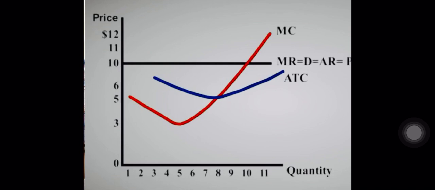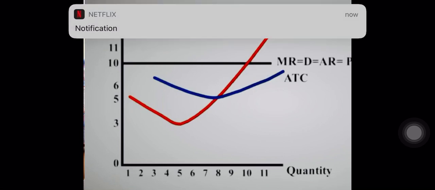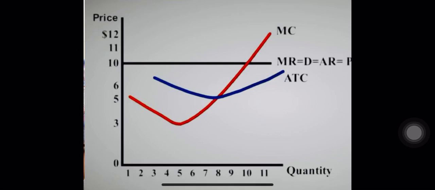And then they meet, MC and MR, at 10. Okay? So if you look at the intersection, it's around the quantity 10. Okay? So that means that is where profit maximization occurs. So again, remember our graph in firm theory. Lahat ng area to the left of the MC and MR intersection is revenue of the company.